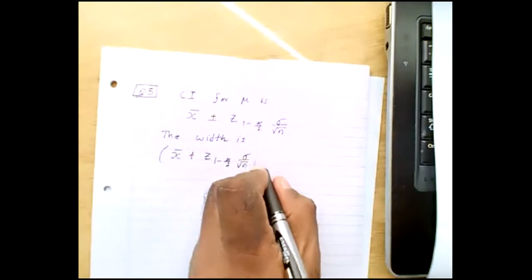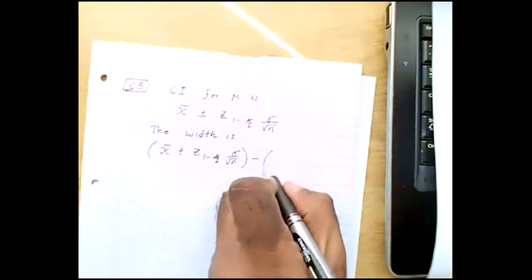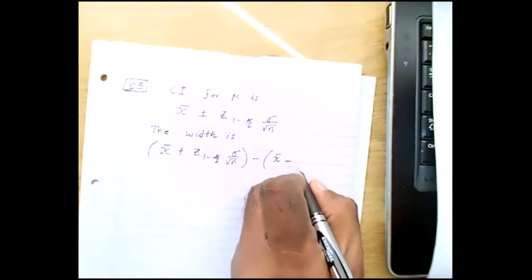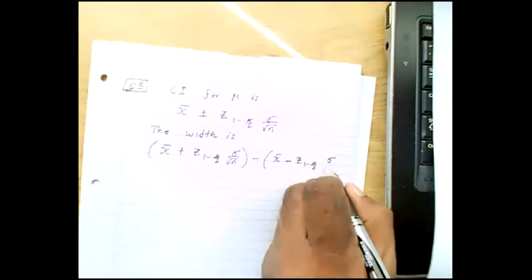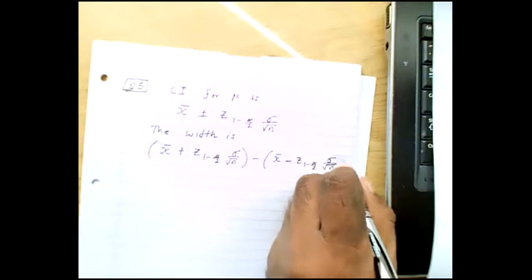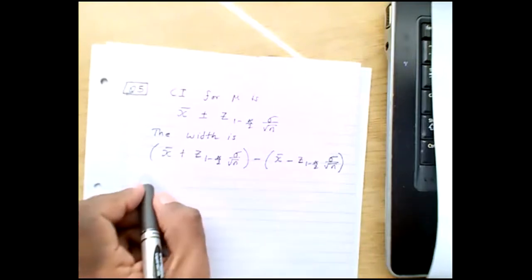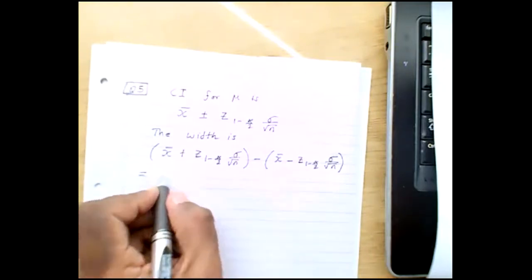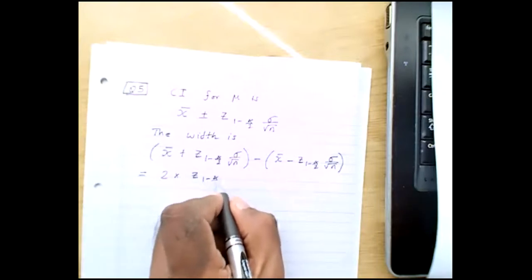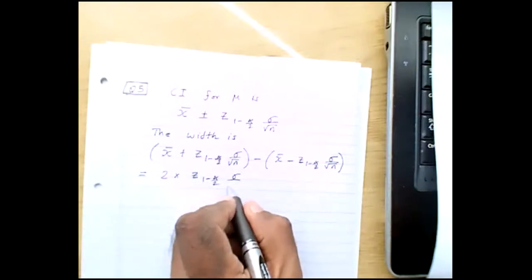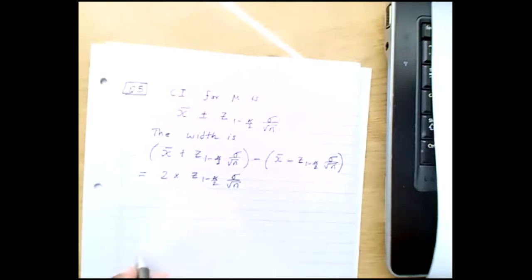This is the upper limit, and the lower limit is this one. If you take the difference of these two, you will get 2 times this.